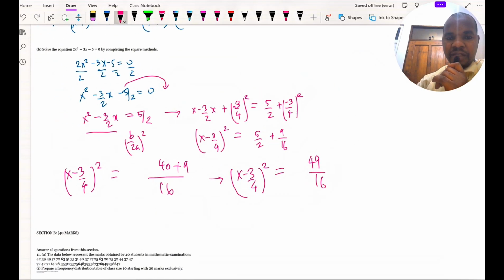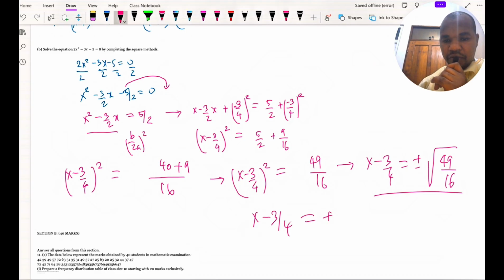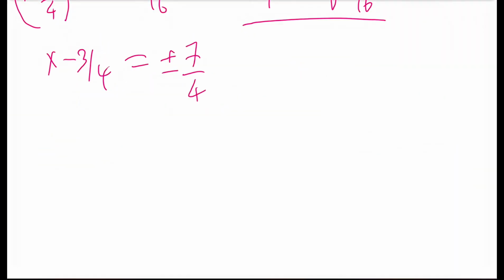So to solve for x, we are going to introduce a square root both sides. So x minus 3 over 4 is plus or minus square root of 49 over 16, dear students. And then eventually x minus 3 over 4 will be equal to plus or minus 7 over 4. Here you see that x will be equal to 3 over 4 plus or minus 7 over 4.